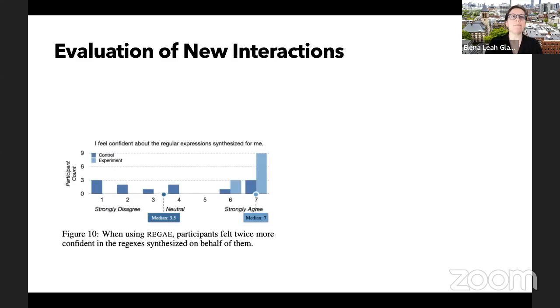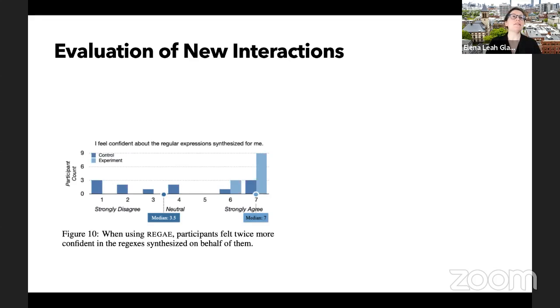At the end, we asked them to rate their level of agreement from 1 to 7, on a 7-point Likert scale, with a statement like, I feel confident about the regular expressions synthesized for me. This relates explicitly to the fourth obstacle, the mental challenge of knowing what the synthesized program I selected is doing on my behalf and how it's going to behave in the future.